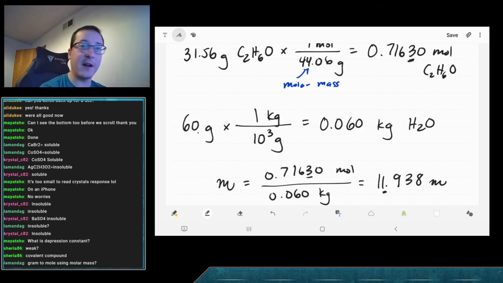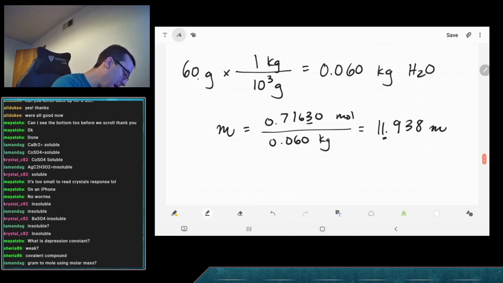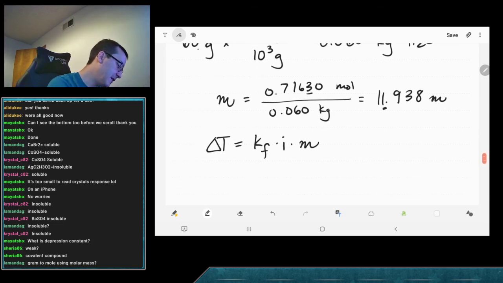Now that we've finally figured out this pesky little molality nonsense, let's look back at the formula. We have the change in boiling point or freezing point, our constant, our Van 't Hoff factor, and our molality. So now we finally have all these numbers.